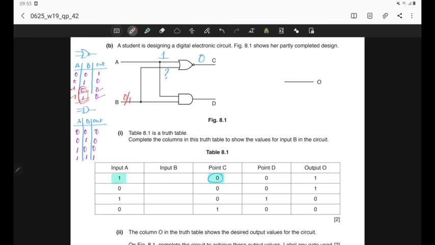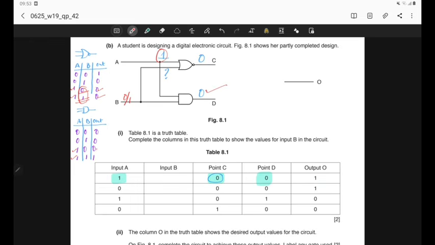So let's look at the output at D. Output at D for these values is 0. So let's look at the AND gate truth table. So input at A is 1, okay, either this or this. And output of AND gate is 0.